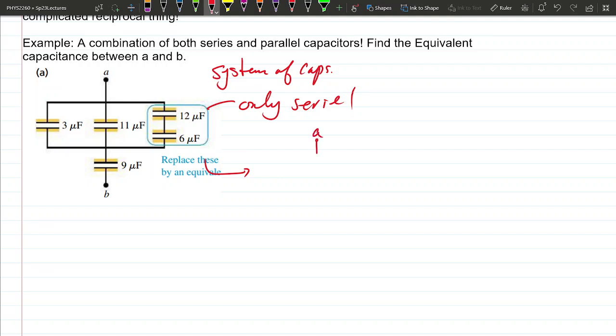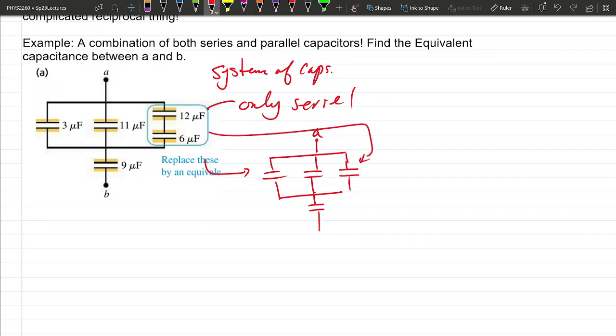From point A to point B, I'm going to combine those 2 capacitors together first, because I know how to add capacitors in series. So this is whatever C equivalent, I'm going to call that A, because we're going to have to do this multiple times.